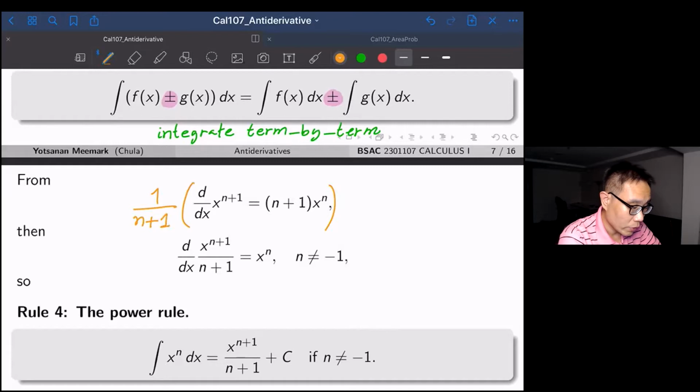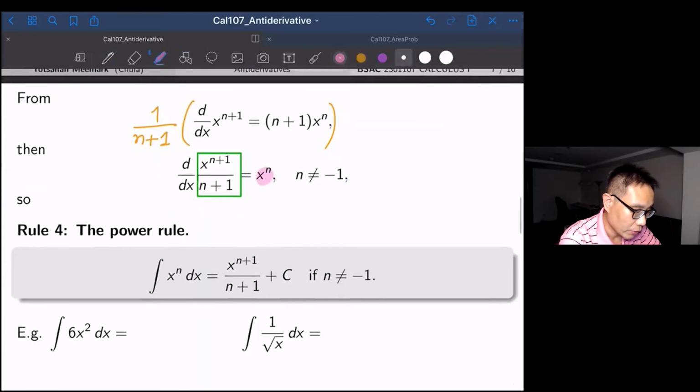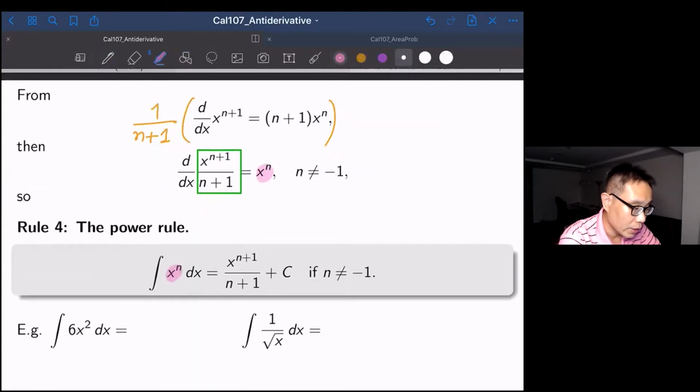So you're going to get the derivative of x to the n plus 1 over n plus 1 equal to x to the n. In this case, I'm going to box x to the n plus 1 over n plus 1, and the derivative of this turned out to be x to the n. So you're going to say that the integral of x to the n equals x to the n plus 1 over n plus 1 plus c.